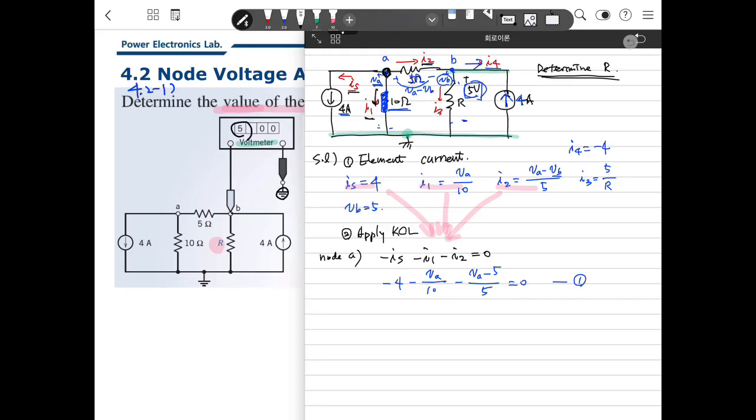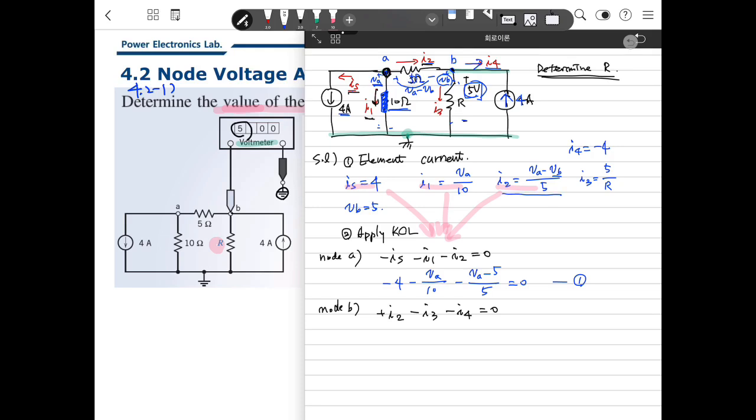Then for node B, we apply the KCL, the node equation. I2 is going to B, so plus I2, and I3 is going out, so minus I3, and I4 is going out, so minus I4 is 0.